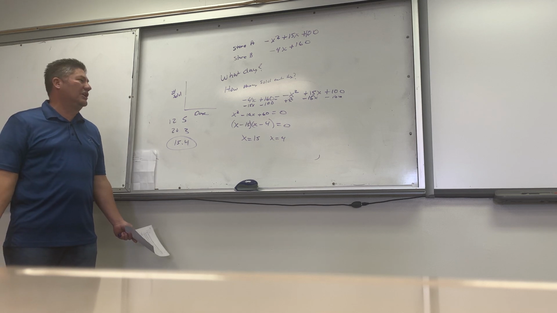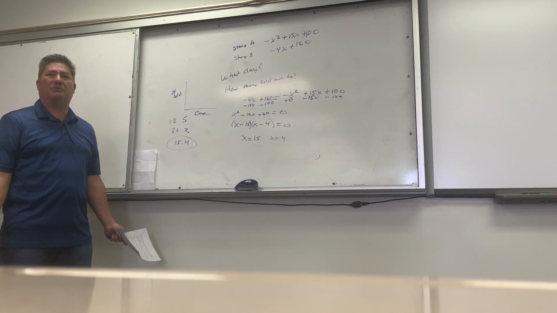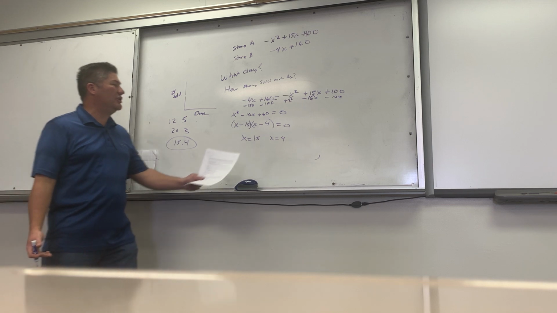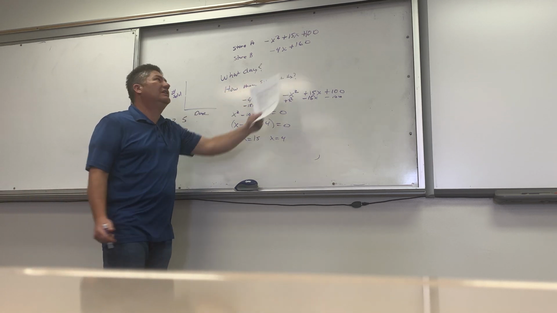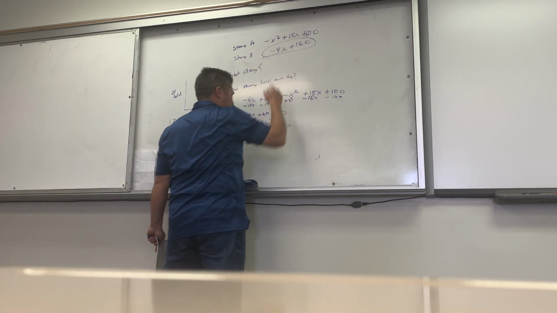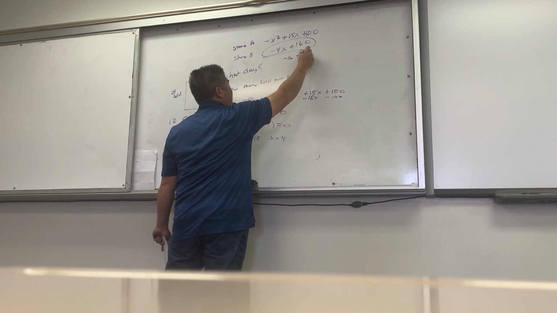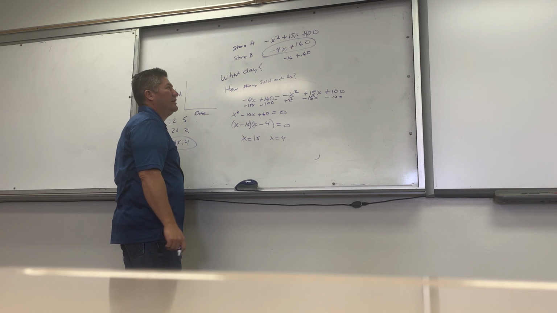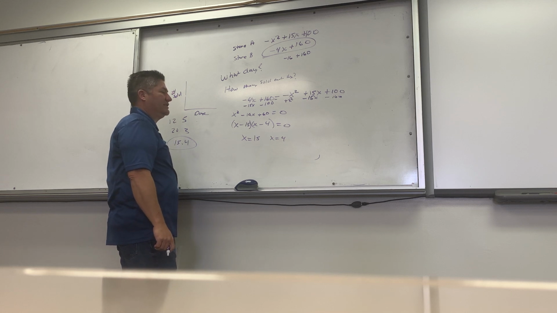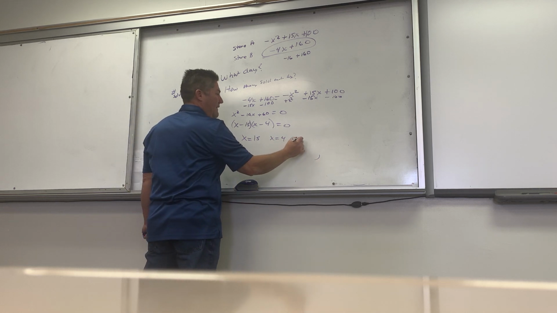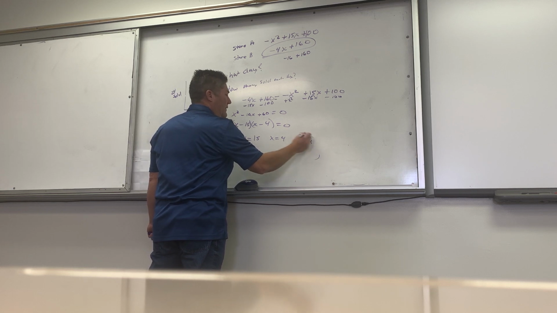How much will be sold on each day? Now I just plug in what? 4 and 15. Which equation do I want to plug it into? The smaller one is always easier. Plug in the 4 there, negative 16 plus 160. What's 160 minus 16? Somebody help me out. 144.